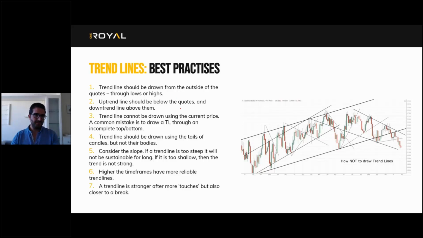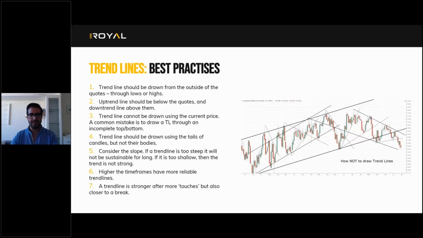To summarize the best practices: trend lines should be drawn from the outside of the quotes through the lows or highs. We talked about this: you use the low of the wicks or the high of the wicks. An uptrend line should be below the quotes and a downtrend line above them.